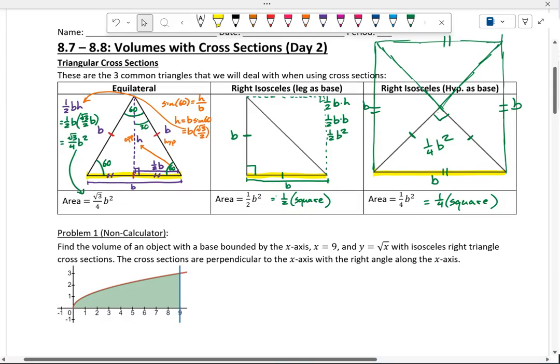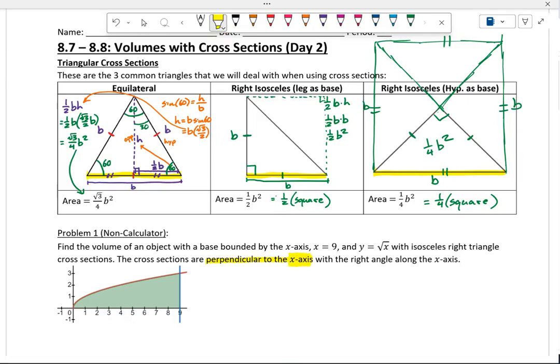Number 1. Find the volume of an object with a base bound by the x-axis, x equals 9, and y equals square root of x with isosceles right triangle cross sections. The cross sections are perpendicular to which axes? So what are we in terms of?